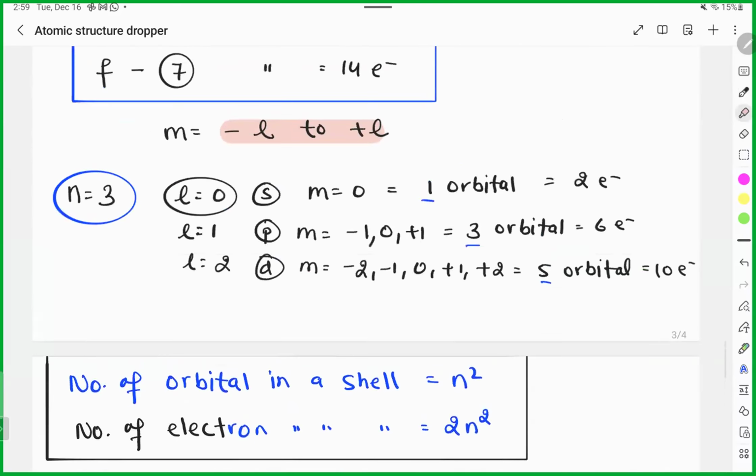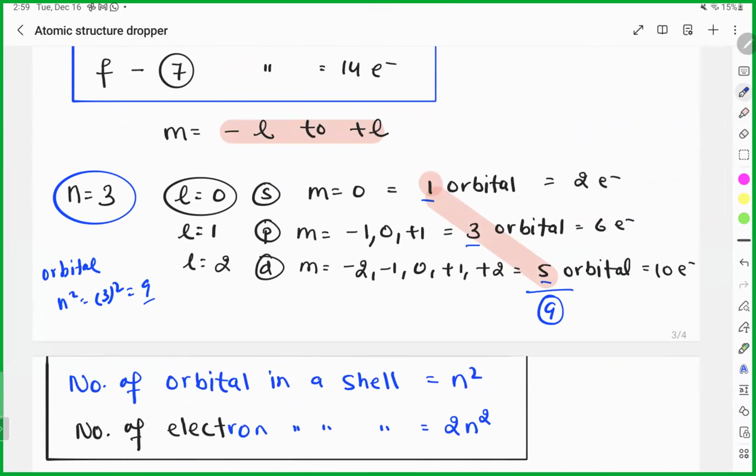For n equal to 3 we already calculated. 1 plus 3 and 5, total 9. n square is 9. And n value 3, if you take orbitals according to the formula, does it make sense? n square, 3 square, 9. So logically both are correct. You should know both methods. If you don't know this method, then you have to just memorize that thing.